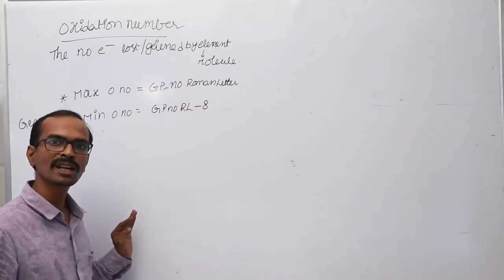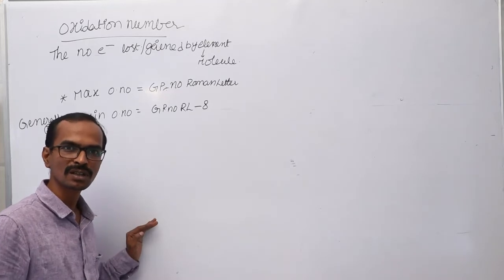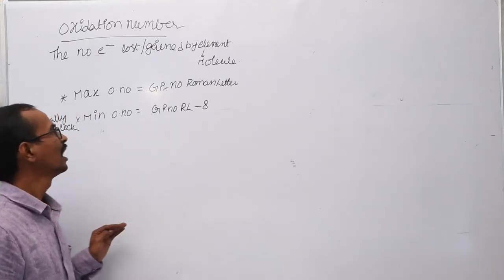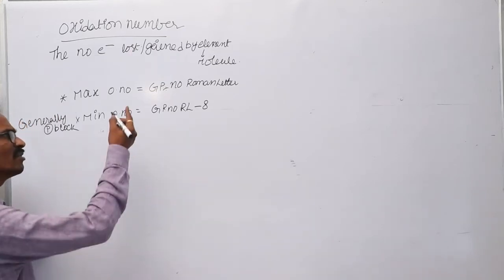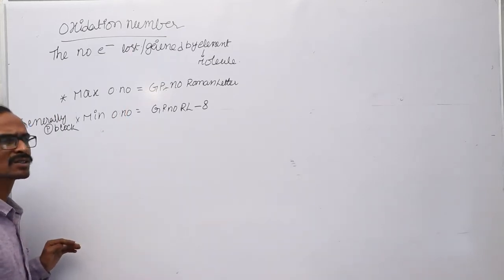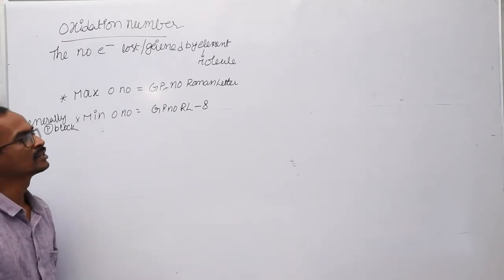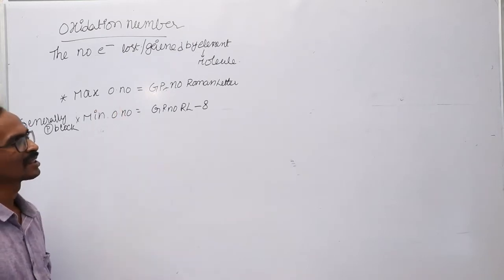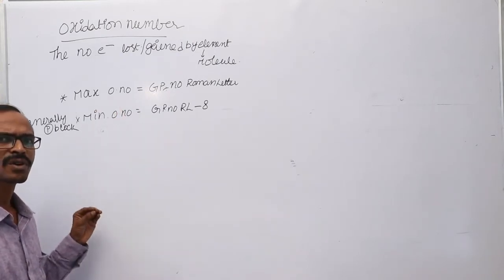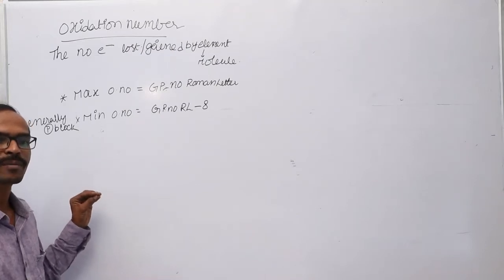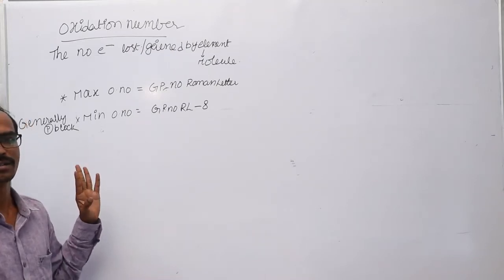And this formula is not applicable for the fluorine and aluminum cases. And next, even for the d block elements also, the maximum oxidation number is equal to group number in Roman letter. So these two points you just remember. The oxidation number of any element should not exceed its group number in the Roman letter.